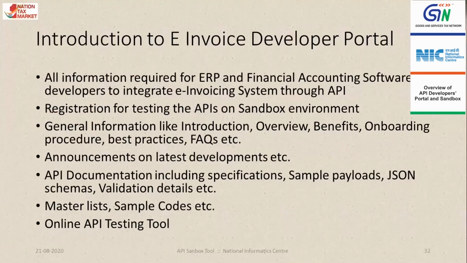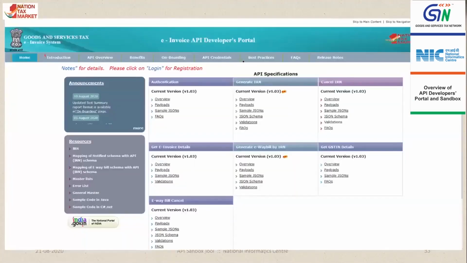the GSPs to register themselves to get the credentials for using the sandbox. So all other general information about the APIs are available here. Like one will be able to get the information about all the APIs, like how to get integrated, what are the benefits, how to get on board onto the sandbox and the production environment, etc. is provided over here.